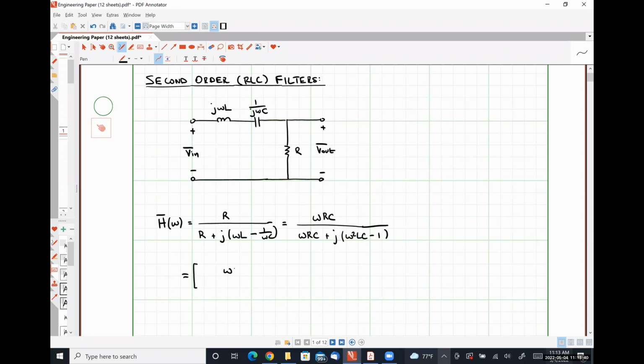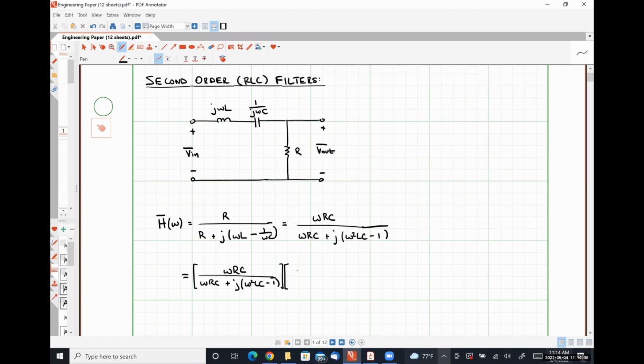I'm going to take my original transfer function and I'm going to multiply that transfer function by the complex conjugate of the denominator over the complex conjugate of the denominator.